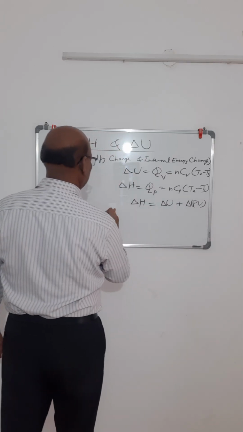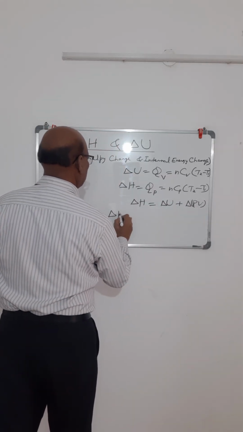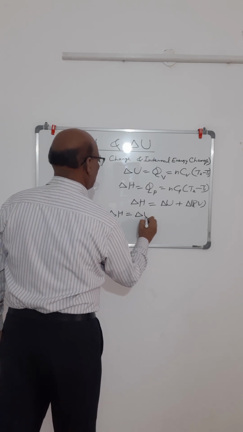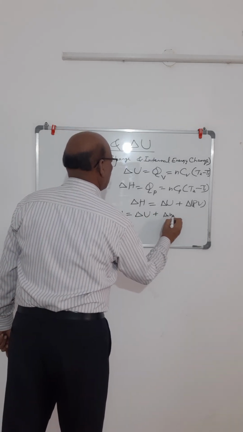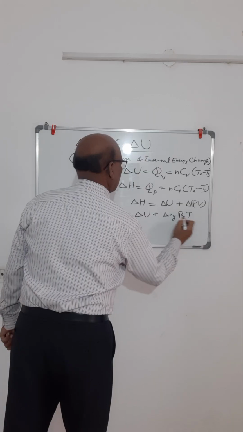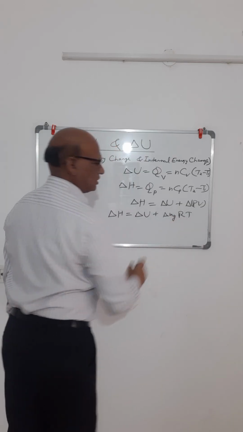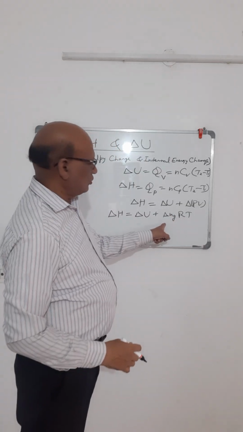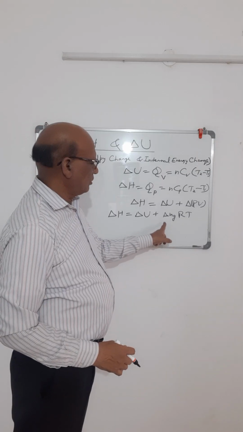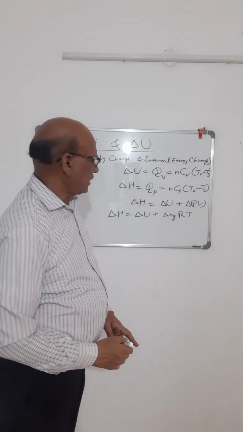And for gaseous reactions, I can write delta H equal to delta U plus delta Ng RT, where delta Ng is the total number of moles of gaseous products minus the total number of moles of gaseous reactants.